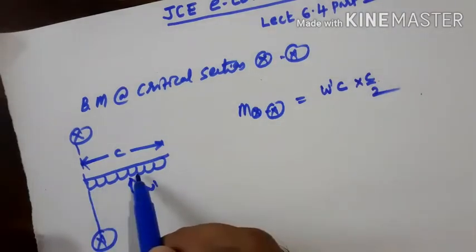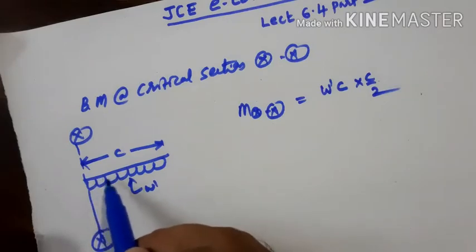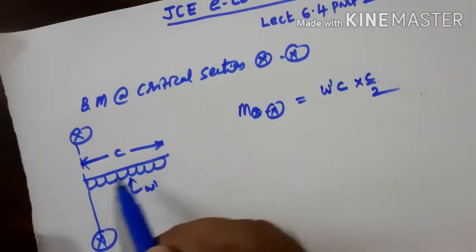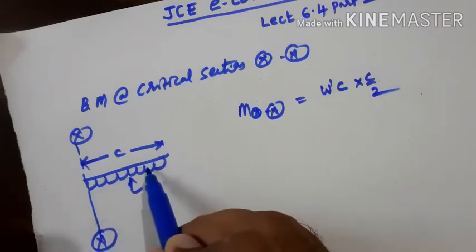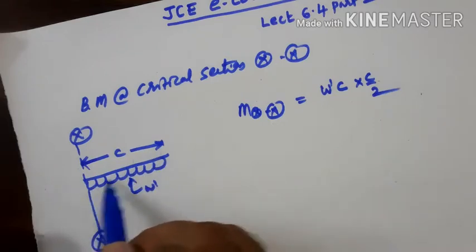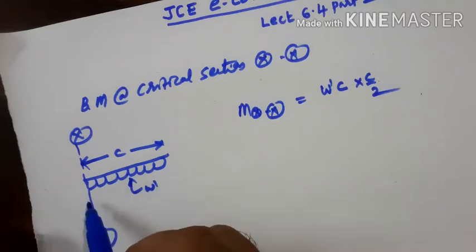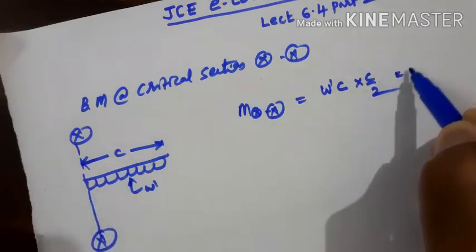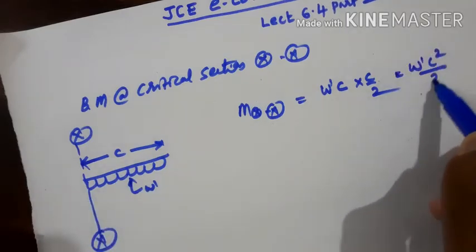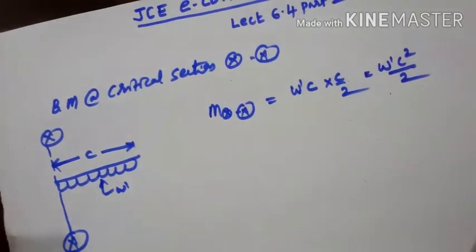Converting UDL into point load is the basic thing: the UDL multiplied by the distance gives the point load acting at the center, then the moment about xx is at C by 2. You will get w dash C square by 2. This much moment will be acting. Once you get the moment at that section, you then have to calculate the moment of resistance.